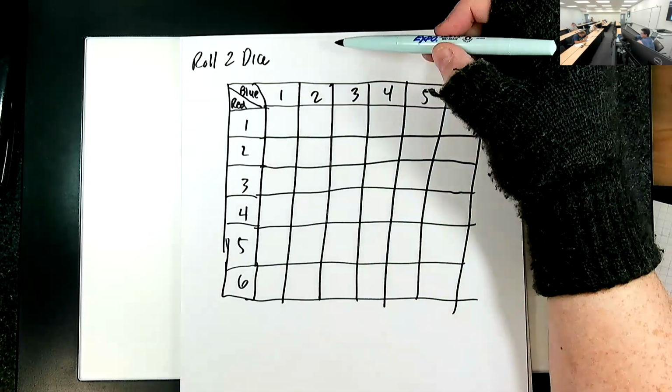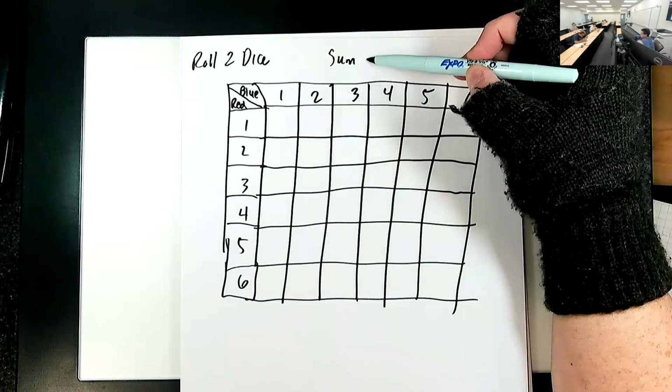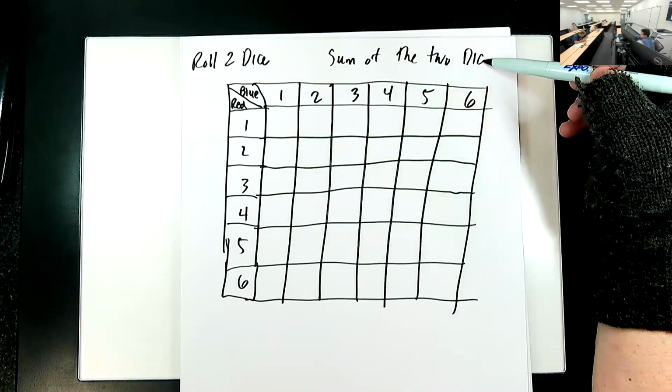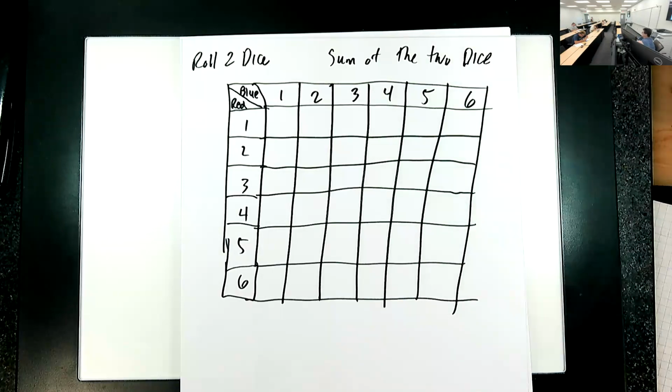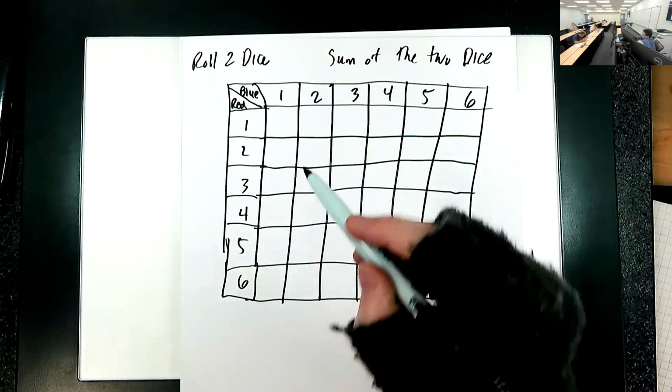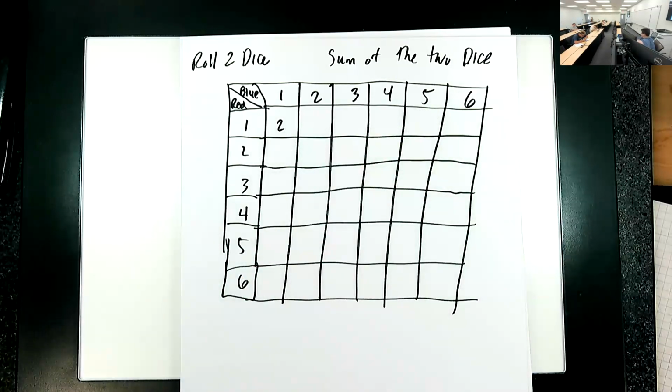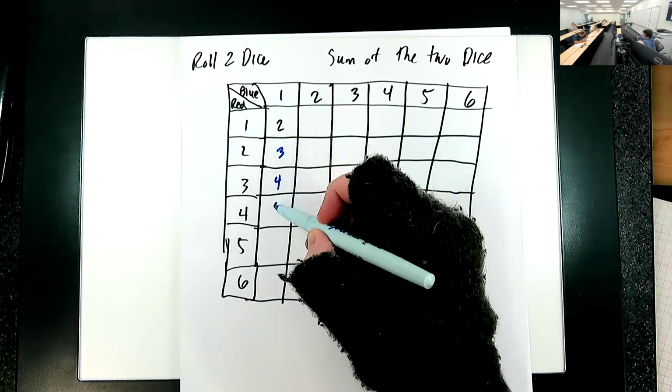And let's say this table is the sum of the 2 dice. Well, if I populate this, it takes a little while to write it all in.